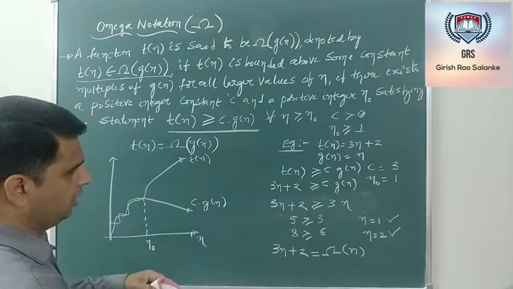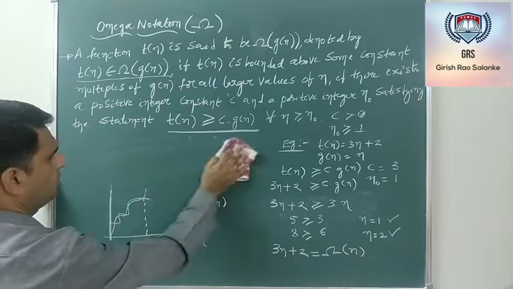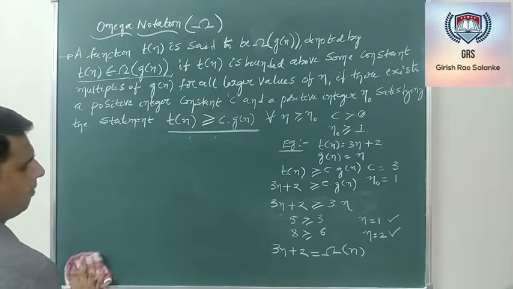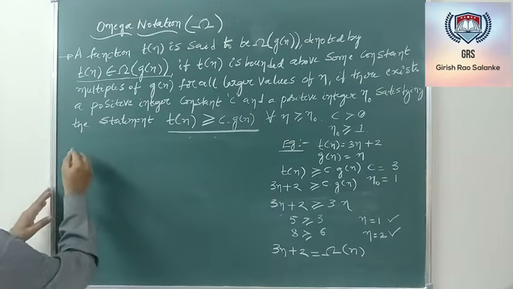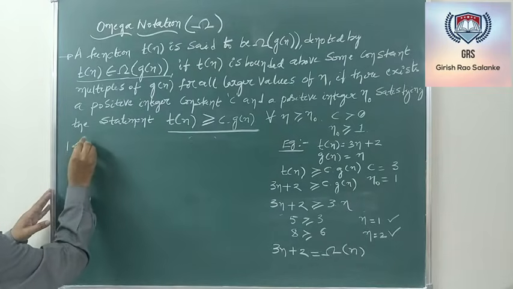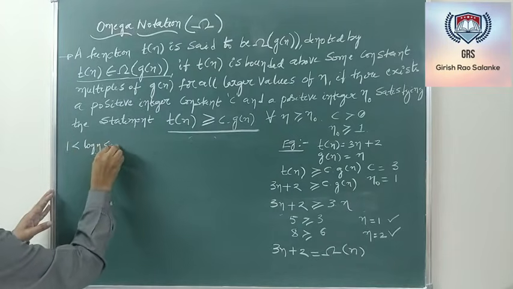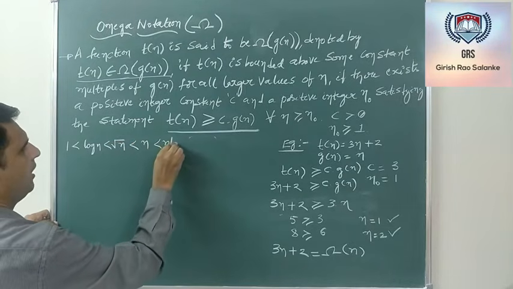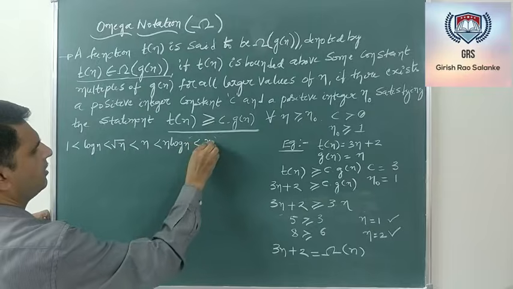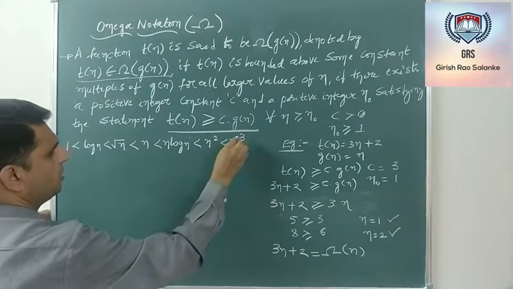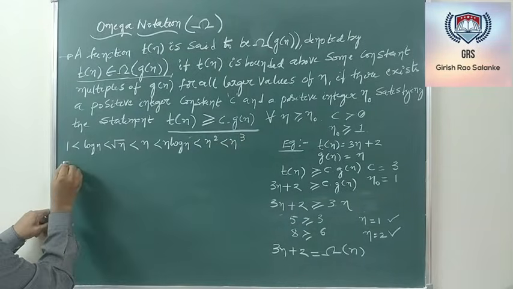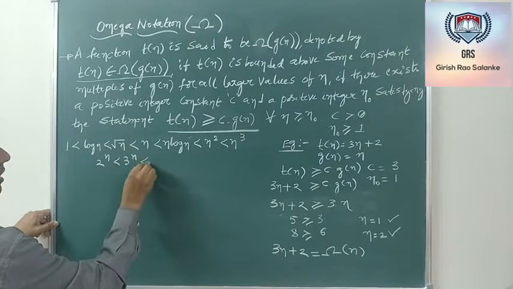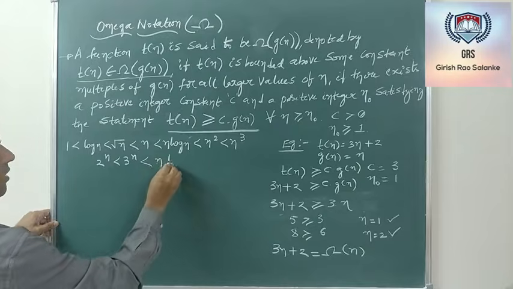Let's try to do a comparison with respect to the standard efficiency class. Let me take the efficiency class as: 1 less than log n less than root n less than n less than n log n less than n square less than n to the power of 3 less than 2 power n less than 3 power n less than n factorial.